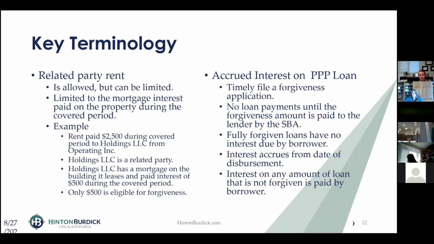If you're paying it to a third party and you pay, in this example, $2,500 a month, the full $2,500 a month would qualify as a forgivable expense. But if it's related party, it would only be the mortgage interest portion of that amount. So in this case, if say $500 of the rental payment is interest, that's the amount that would qualify as a forgivable expense.